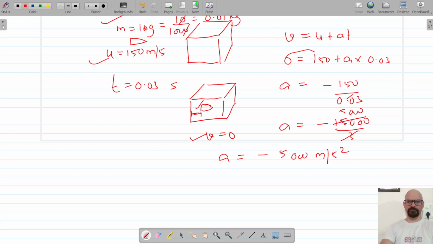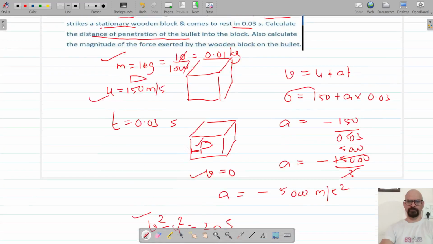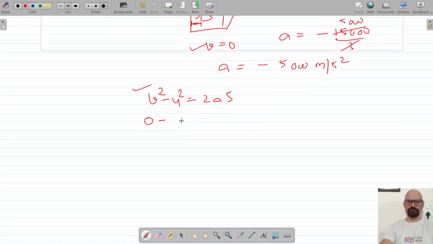Okay, so we have got the acceleration, and we have to calculate the distance. So let's use another equation of motion, v square minus u square is equal to 2as. Final velocity is 0. Initial velocity was 150. So this is square of 150, into negative 5,000, and s is the distance that has to be calculated.